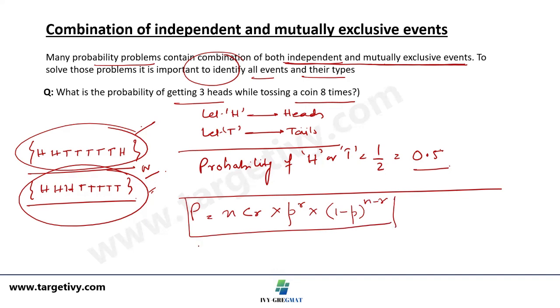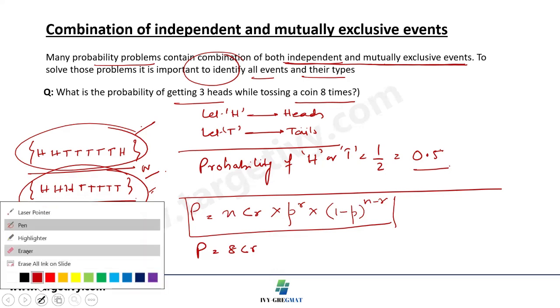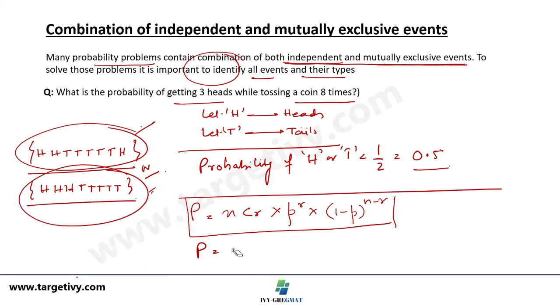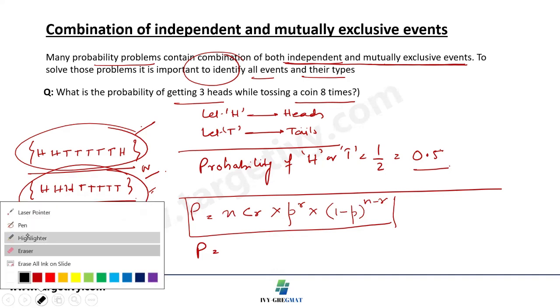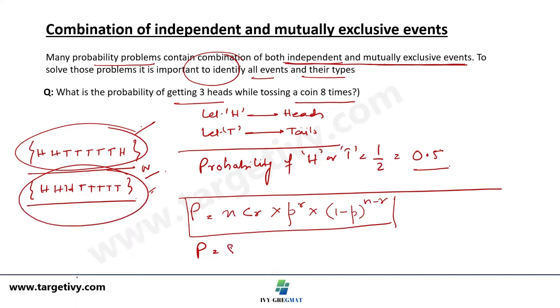So let's fix this formula. P is equal to 8Cr, which is, I'm sorry, 8C3.